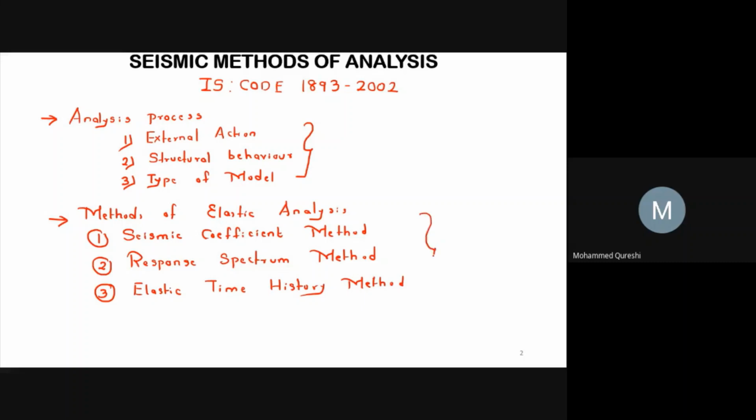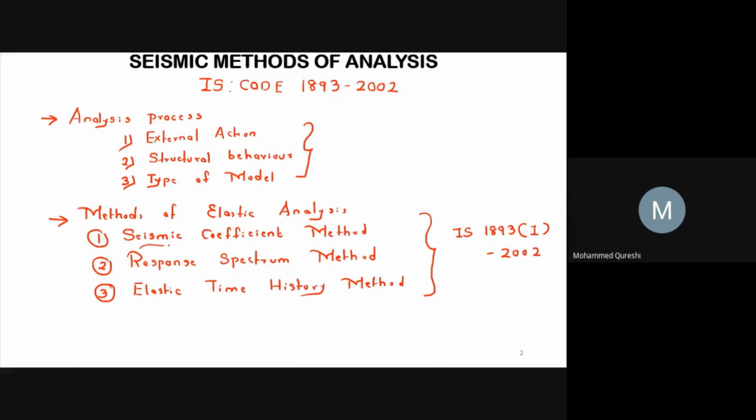All these methods for elastic analysis are covered in IS 1893 Part 1 2002.